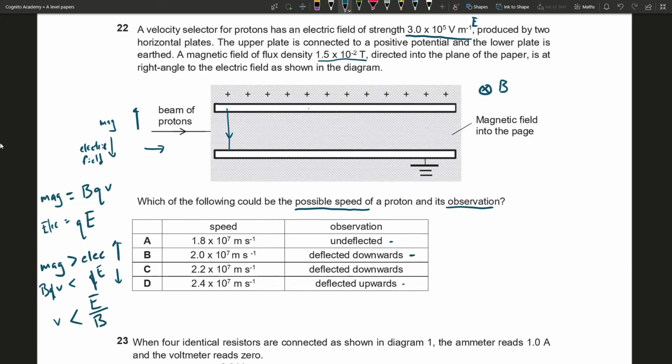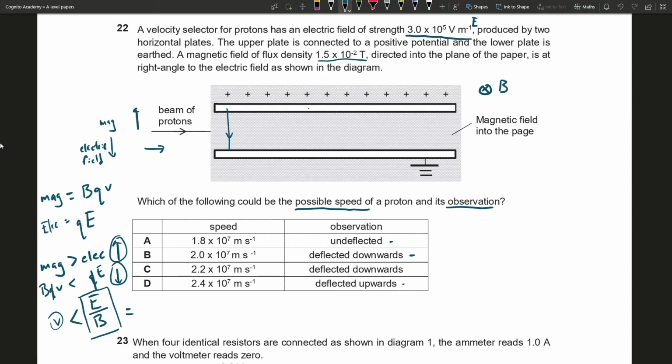So the critical velocity in question here is the electric field strength divided by the magnetic field strength. If the velocity is greater than E over B, then the protons will be deflected upwards, if it's less, then the protons will be deflected downwards, and if it's equal, then the protons will be undeflected.